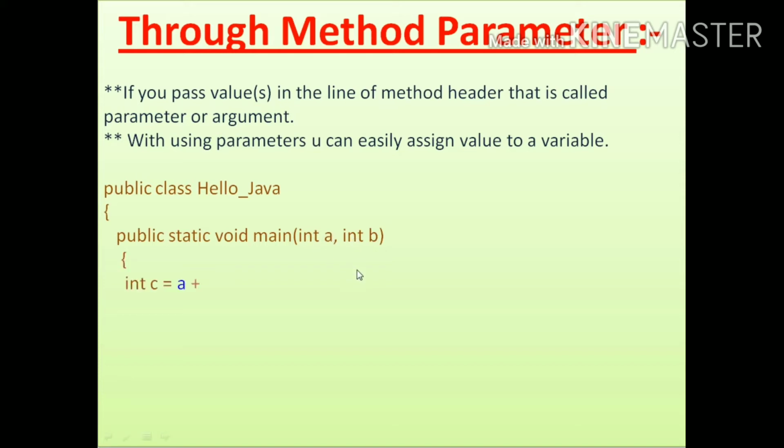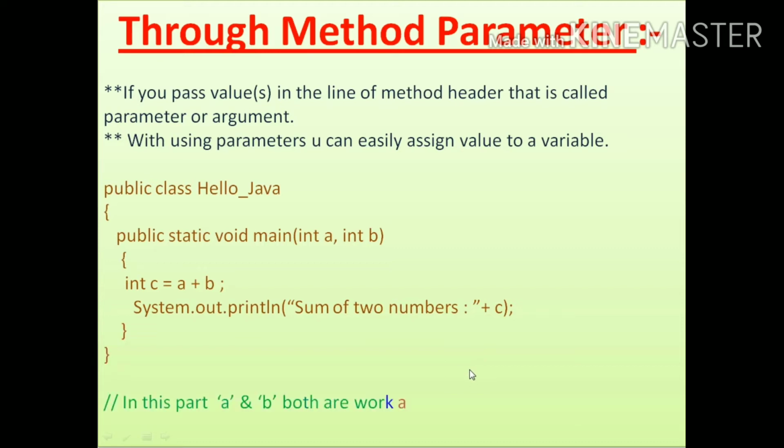So int c = a + b. Here I use the value of a and b. That means a and b get value through method parameter. Finally, println sum of two numbers is c. In this part, a and b both work as arguments and accept value for program purpose.